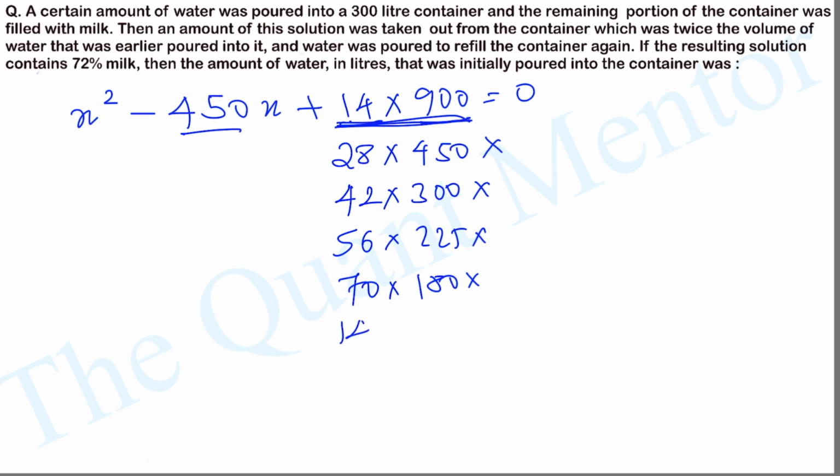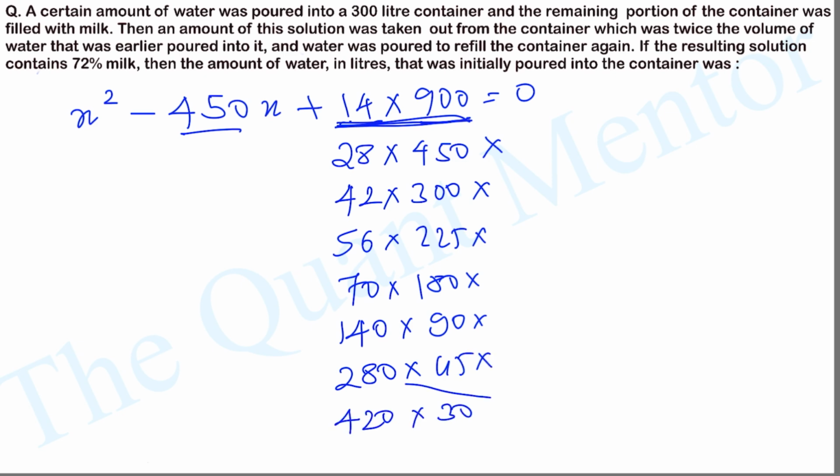If 10, it would be 140 and 90, no, sum is not 450. If I take 20, it will be 280 into 45, no. If I take 30, it will be 420 into 30, absolutely. Sum is 450. So, two numbers whose sum is 450 and product is 420 into 30 are 420 and 30.